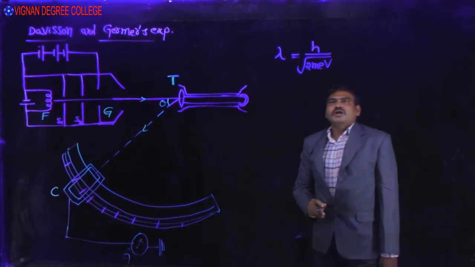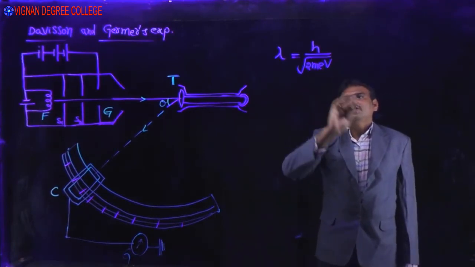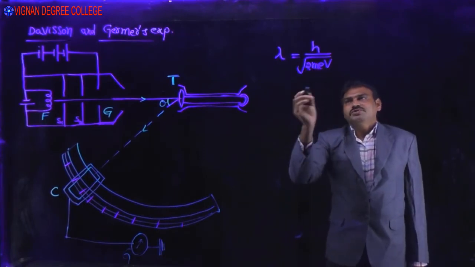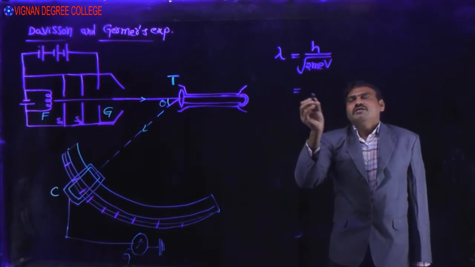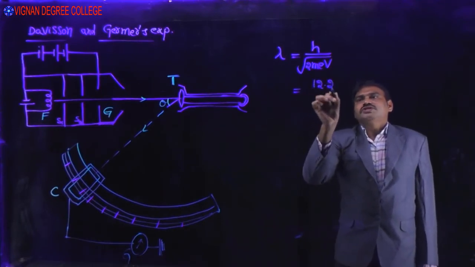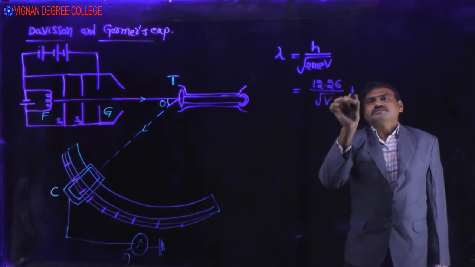Here h is Planck's constant, m is the mass of the electron, e is the charge, and V is the applied voltage. By substituting these values, the value obtained is 12.26 by square root of V angstroms.